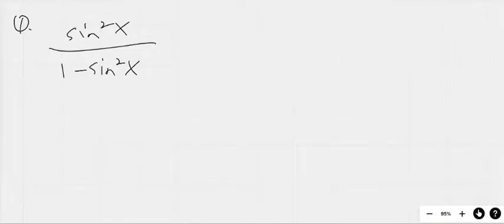So in this question, we see that sine square x is the simplest form. However, the 1 minus sine square x can be shown in another way. Let's look back into the Pythagorean identities. Something related to sine is sine square x plus cosine square x is equal to 1.